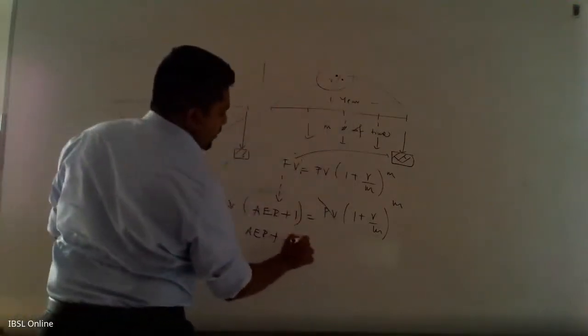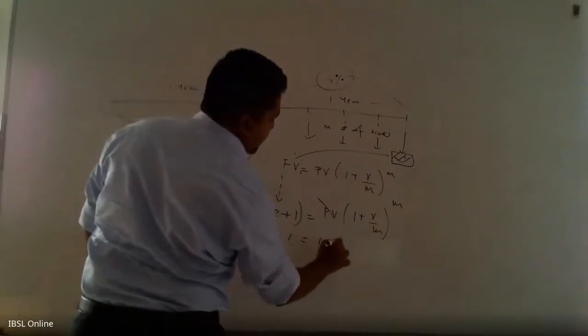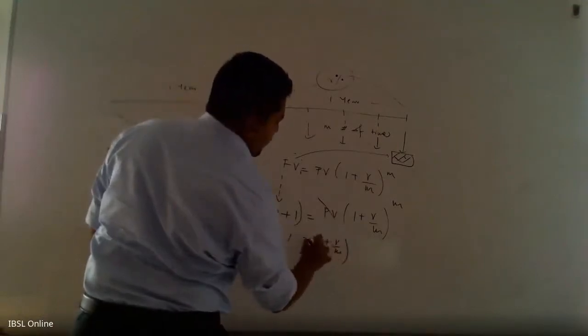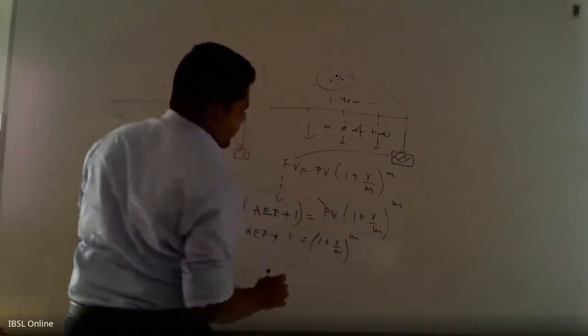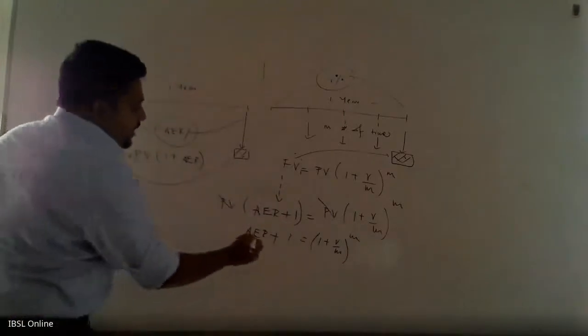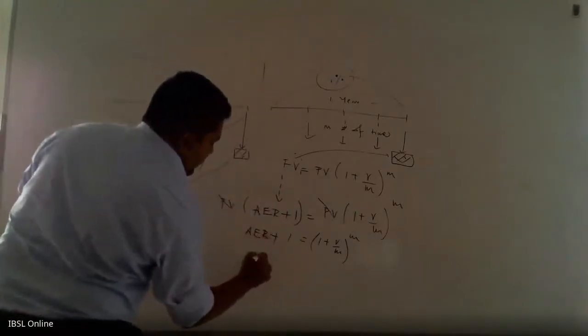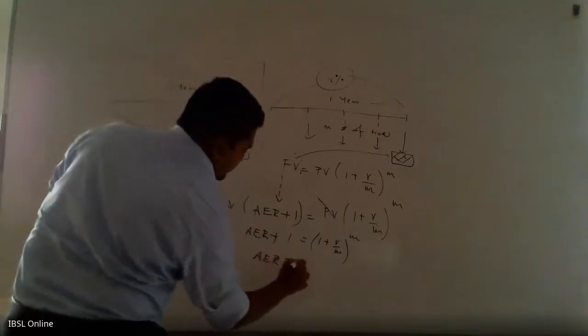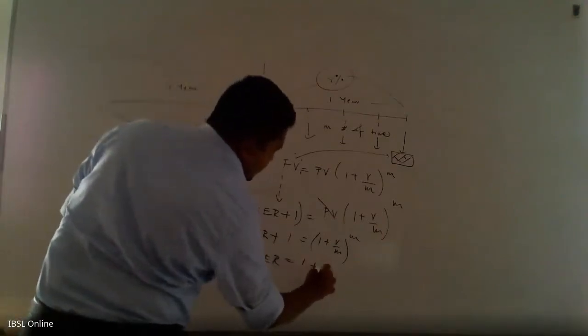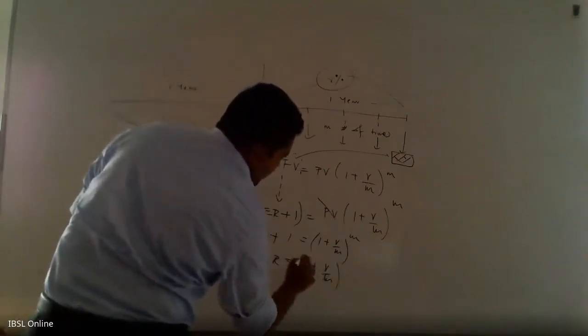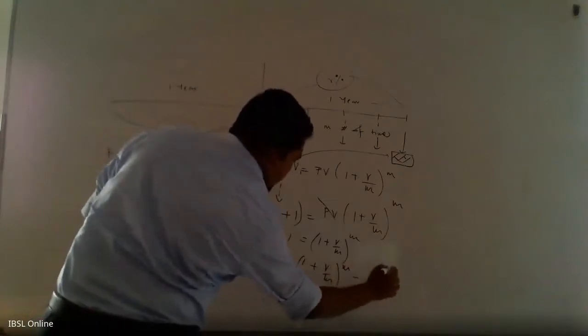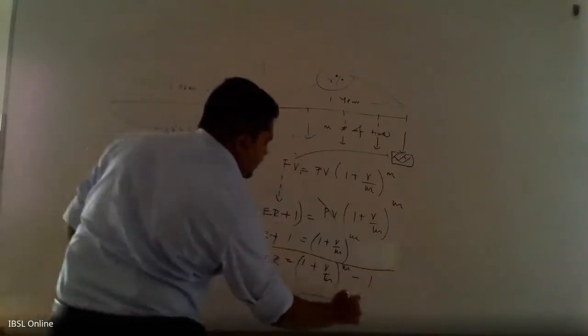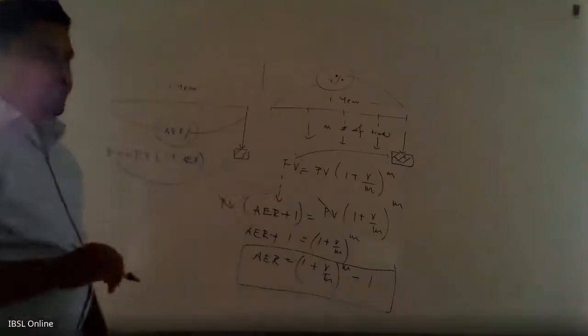This AER plus 1 is going to be (1 plus R divided by M) to the power M. So lastly, we are going to get the equation of AER, that is (1 plus R divided by M) to the power M minus 1. And that is how we have derived here the equation.